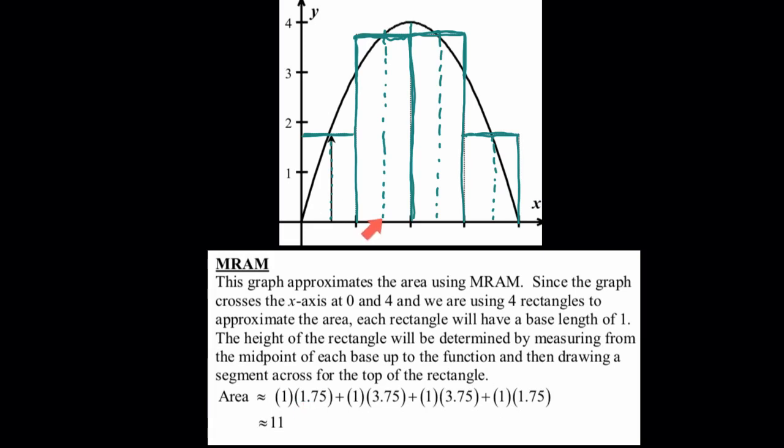If you plug 1.5 or 3/2 in for x in the function 4x minus x squared, that's going to yield this height. And then 2.5, which is 5/2, plug it into 4x minus x squared, gives you this. And then our last one gives you this, for a total area of 11.